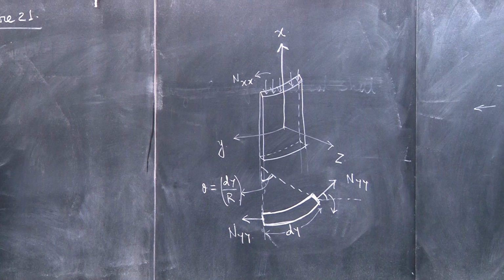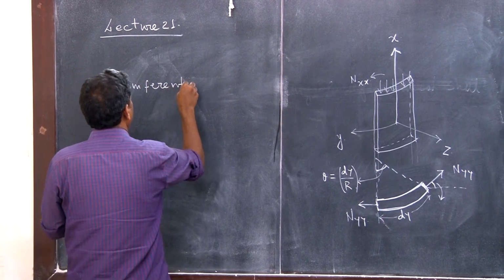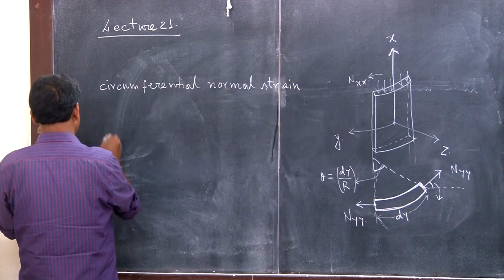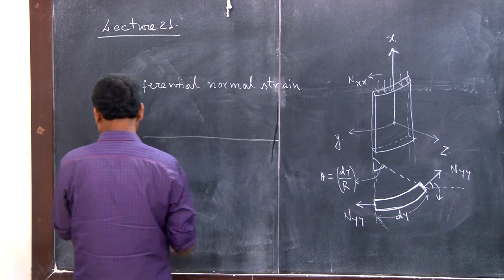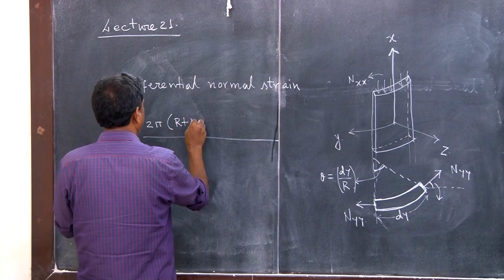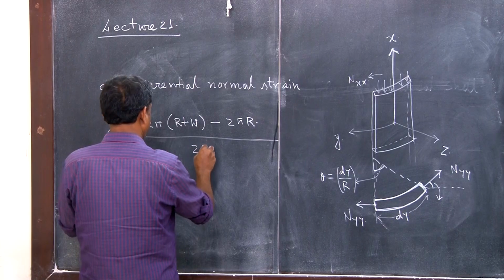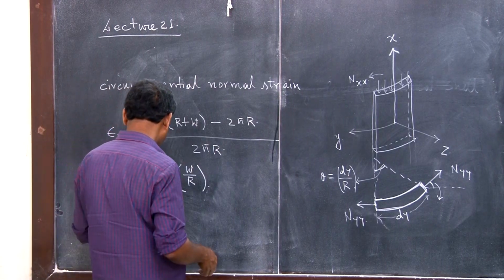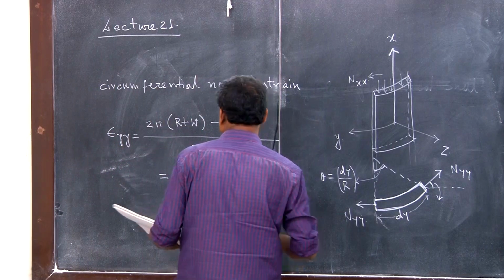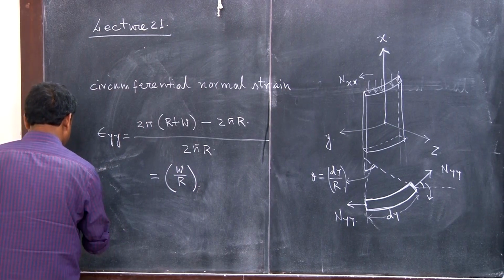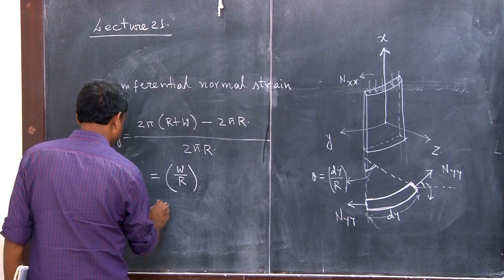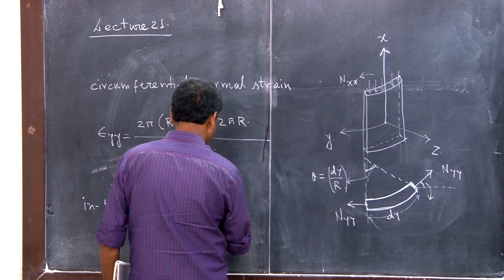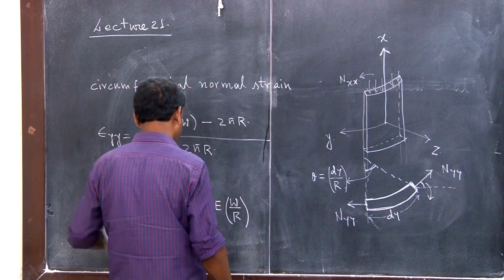If we consider equilibrium, this is the circumferential normal strain. Then the respective in-plane forces are E multiplied by the strain and the thickness, where I am assuming the thickness of the shell is h.